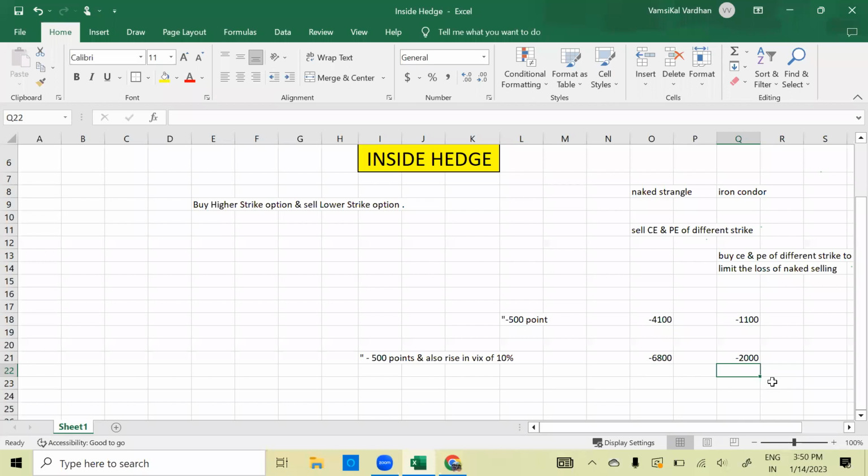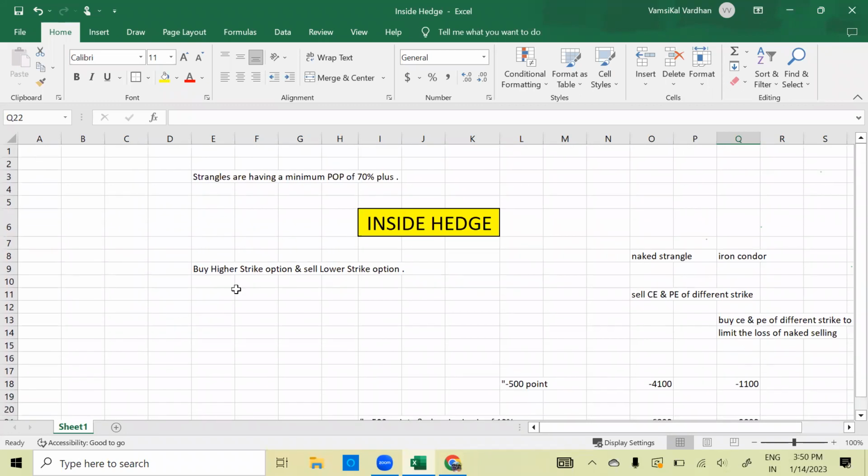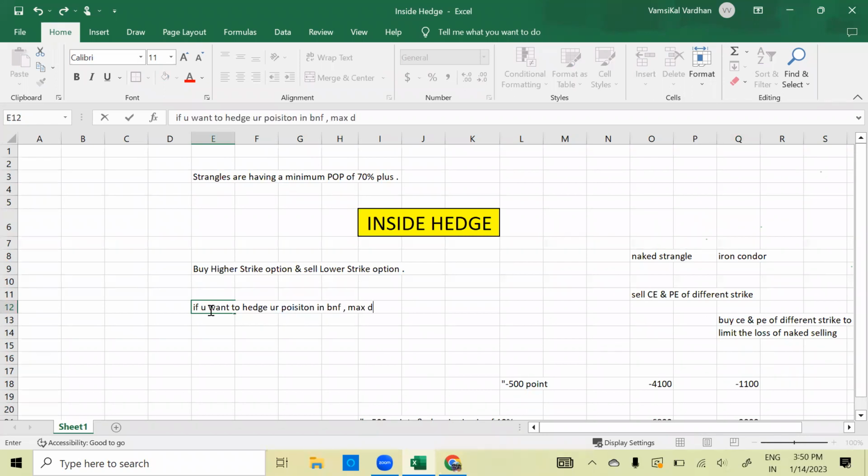If the market moves 500 points with a rise in VIX of 10%, I'm losing 2000. So compared to a normal strangle, the iron condor is a little safer because it has a hedge. And again I am saying, buy a hedge if you want to hedge your position in BNF; the max distance of hedge buying is 400.